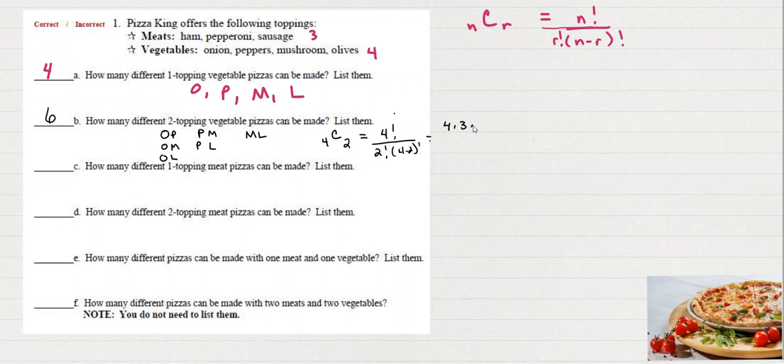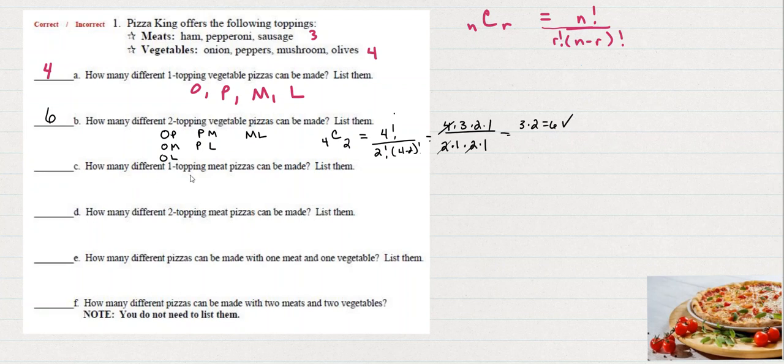So 4 times 3 times 2 times 1 divided by 2 times 1 times 2 times 1. I could do this without a calculator because 2 times 2 is 4, and we're left with 3 times 2, or 6. So we get the same answer there either way.